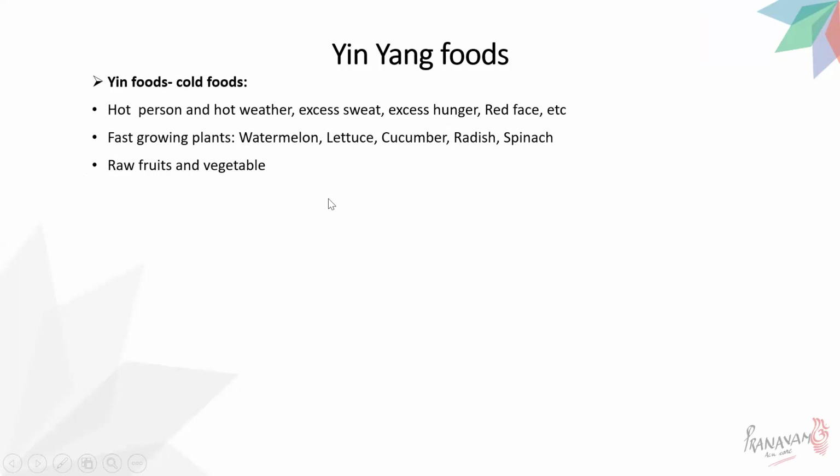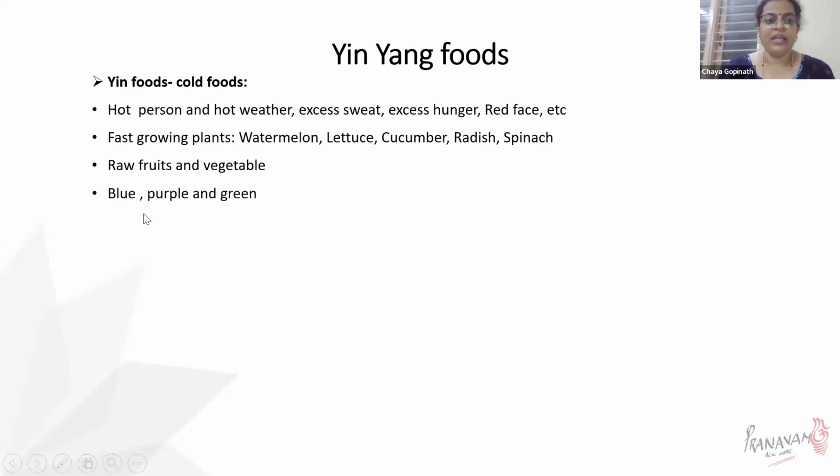People who take excessive amount of raw foods and vegetables will start to develop yang deficiency or excess yin characteristics. So if you're already a yin kind of person, you should not eat this. These kind of foods are preferred for yang personality people because we need a lot of yin to control the yang in them.